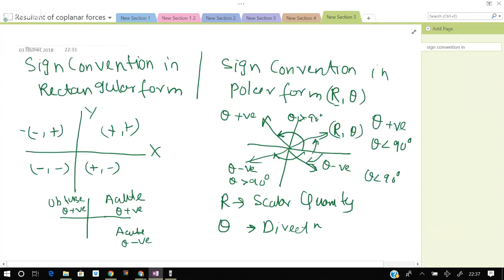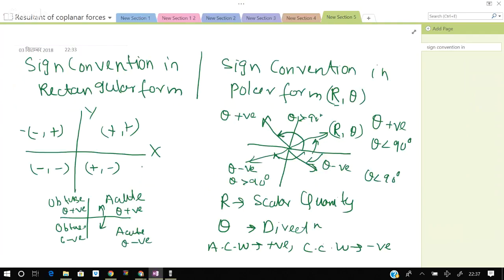So clockwise we are measuring this, and anti-clockwise this. Anti-clockwise angle measurement we consider as positive, and clockwise angle measurement we consider as negative. So over here this will be again an obtuse angle and it is negative. So this is how we divide the sign convention of polar form into four different parts.